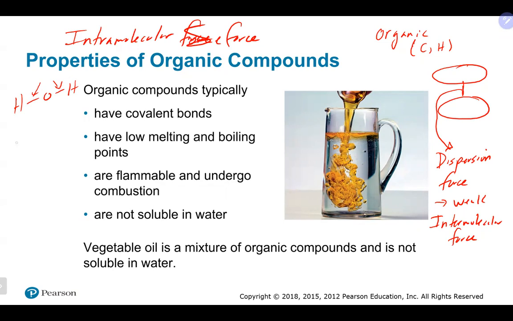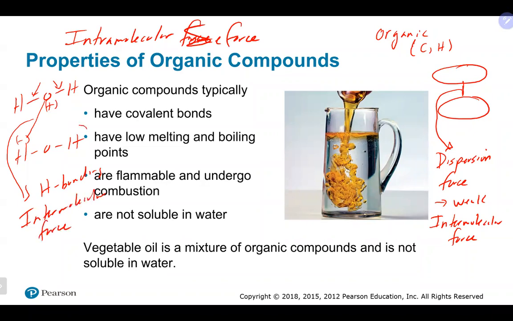But when you get two water molecules together, water is polar, so oxygen is partially negative and hydrogen is partially positive, so they are held together by hydrogen bonding, which is an intermolecular force. That's what holds this whole water molecule together with that whole water molecule. Intermolecular forces are always weaker than any intramolecular force.